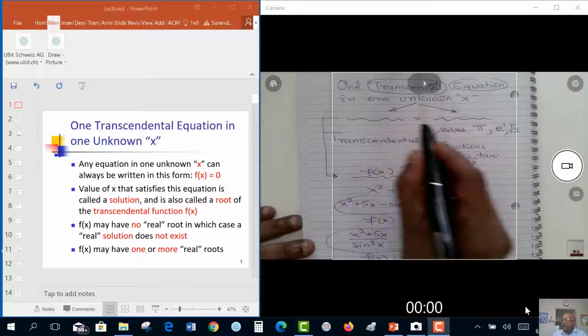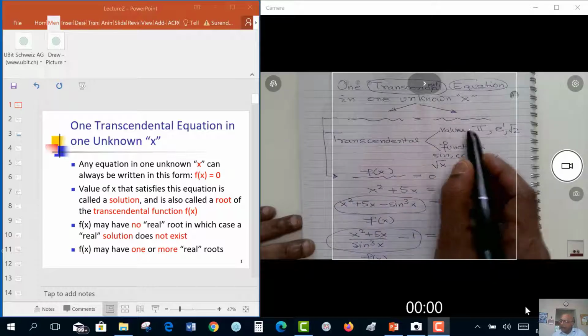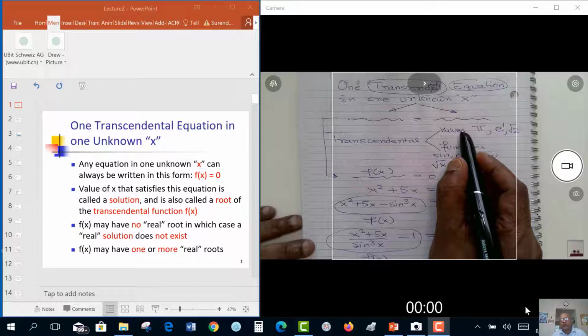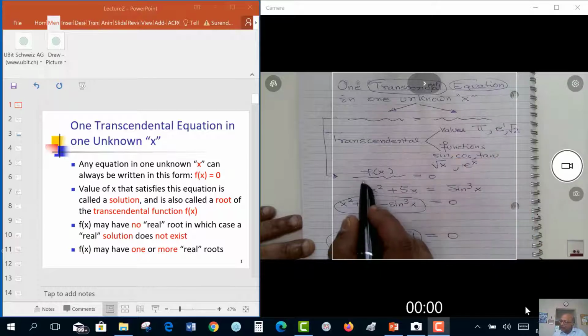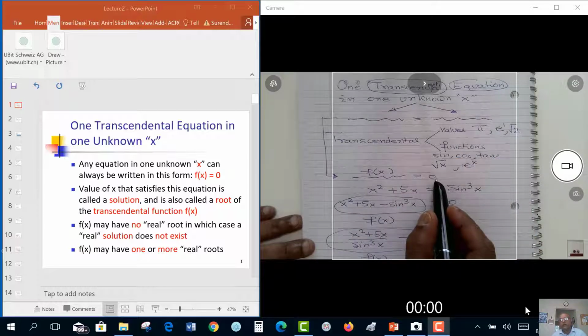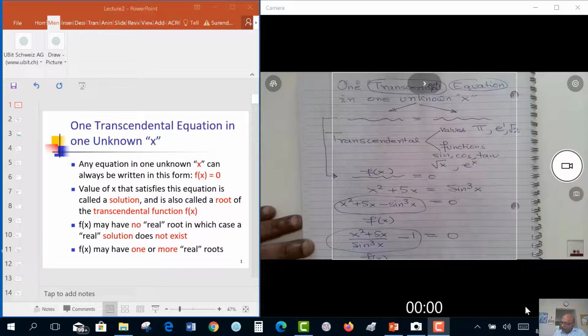Although we are starting with the same equation, and if this equation has a solution, then of course this equation would have a solution, the same solution, and this equation would have a solution, the same solution. That solution or that x value is also called root of the function.